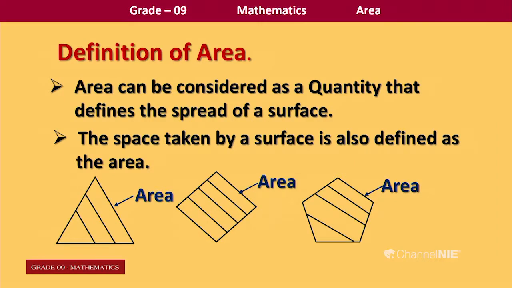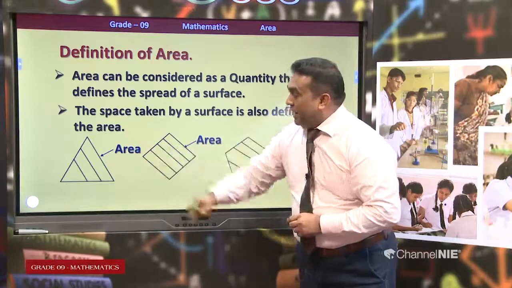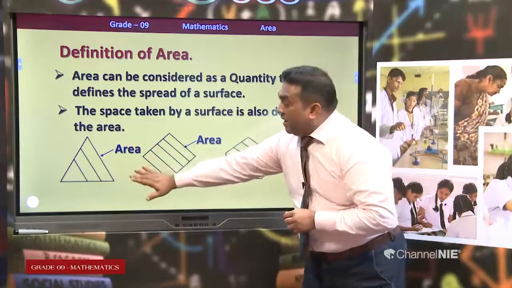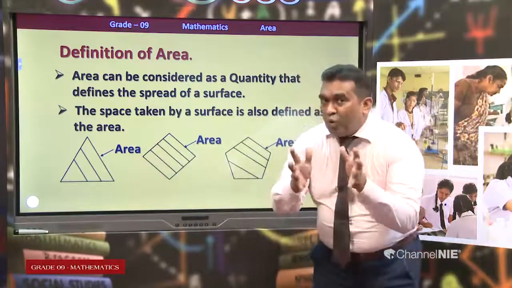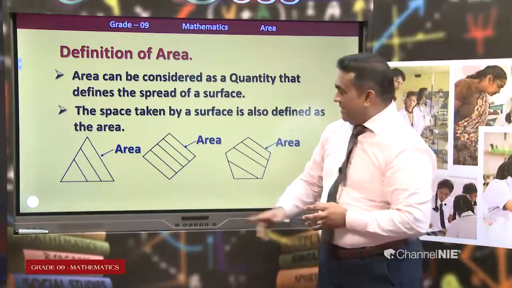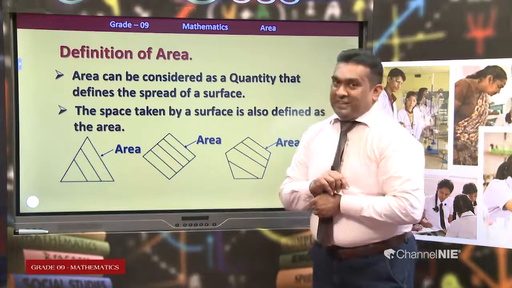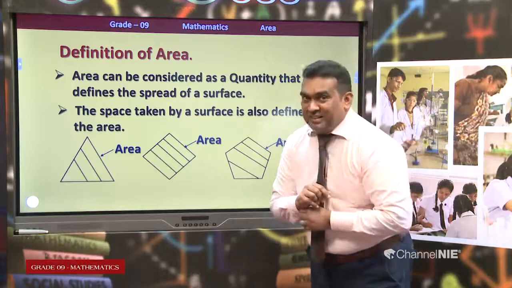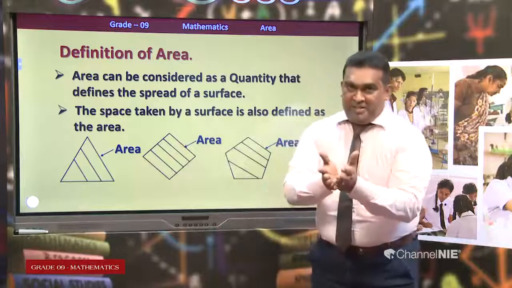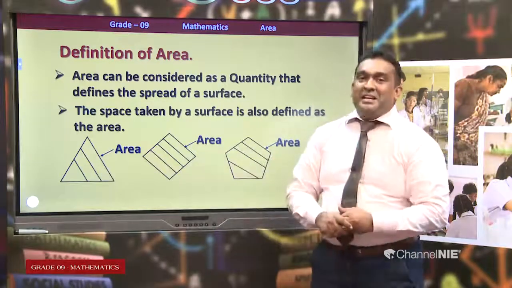You can see in this triangle, there is a shaded part. If you can identify the shaded portion, that is the area of the triangle. Here, there are four sides of this closed plane figure, that is a quadrilateral. There is a shaded portion, that is the area of the quadrilateral.